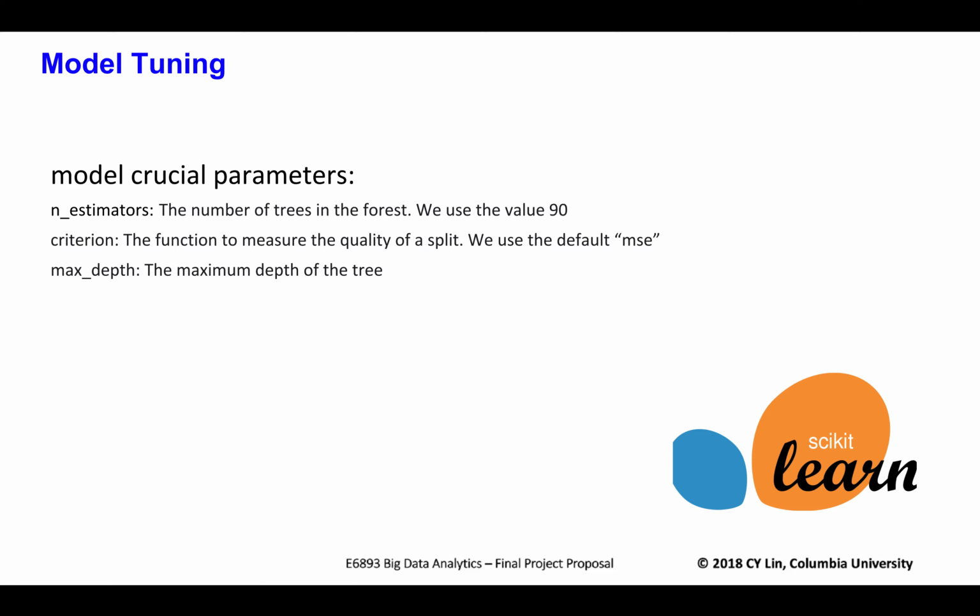Next is the criterion, the function to measure the quality of a split. We use the default MSE. And max depth is the maximal depth of the tree, which is also the main parameter we will tune.